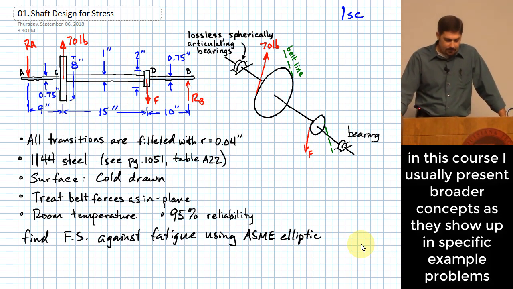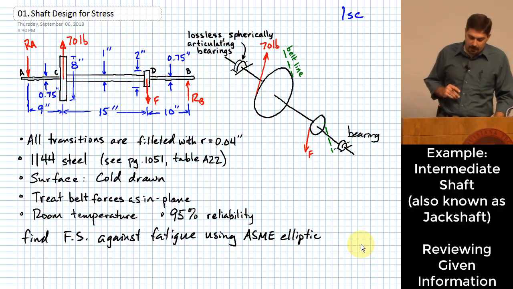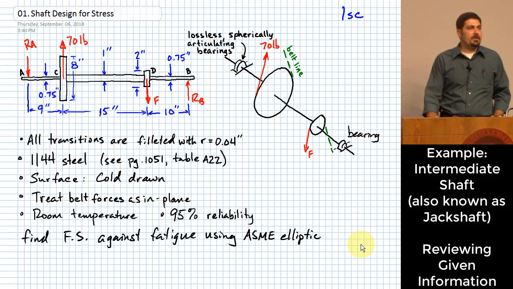So, with all that said, this example is for what we could call an intermediate shaft. That's a more formal name for it. In a lot of contexts, someone might refer to this as a jack shaft. This happens a lot in machinery.